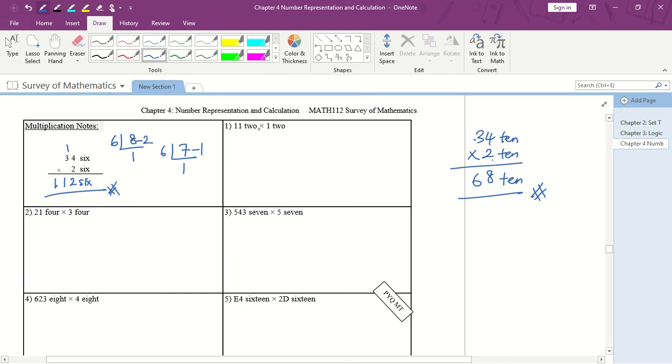11 base 2 times 1 base 2. Okay, so base 2 here. So 1 times 1, 1. 1 times 1, 1. That's all.